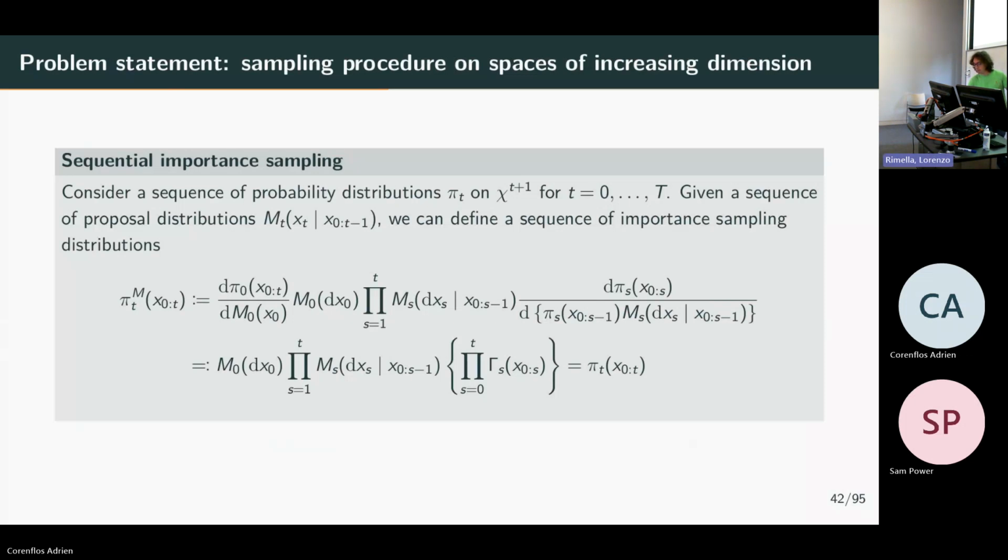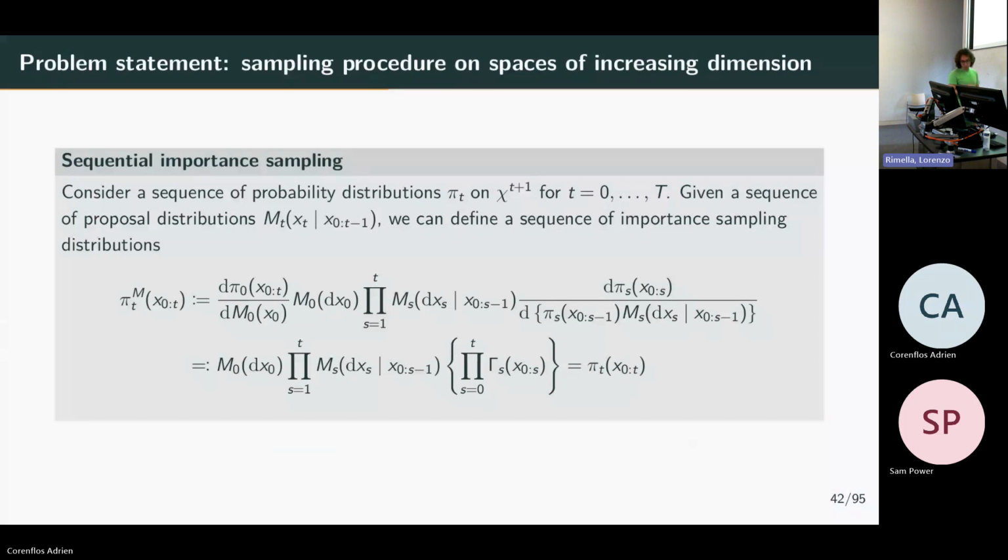Then at time t, I look at the samples I had at time t minus 1, then I propagate them through a Markov kernel Mt, and I compute the importance weights that correspond to the new version of my distribution. And I do that over and over again.